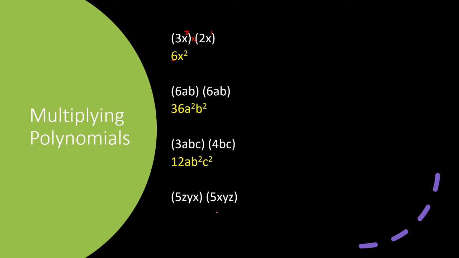So when we write our answer, we're going to write it this way: 5 times 5 is equal to 25. And then zyx times xyz is going to be equal to x squared, y squared, z squared. Okay, very nice.